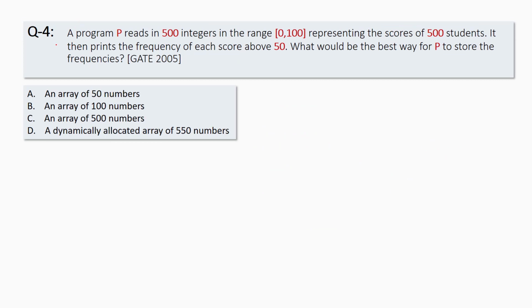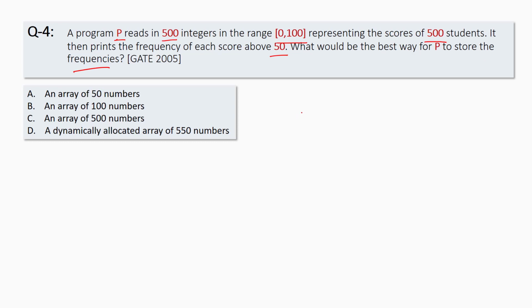Next, come to the problem number 4. A program P reads in 500 integers in the range 0 to 100, representing the scores of 500 students. It then prints the frequency of each score above 50. What would be the best way for P to store the frequencies?